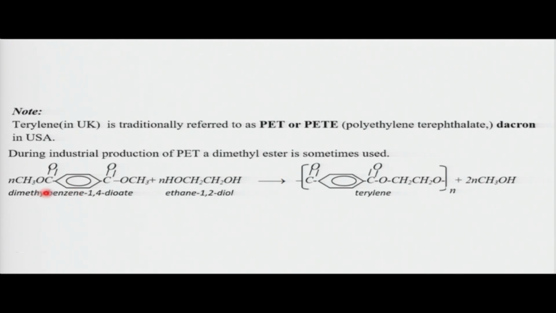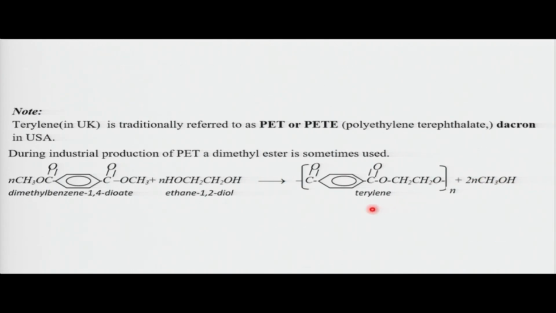Polyester can also be formed from this monomer here, where we have an ester. So you observe that this time we are going to lose what we can call the methoxide ion. It is lost, and then it combines with H to form what? Methanol.